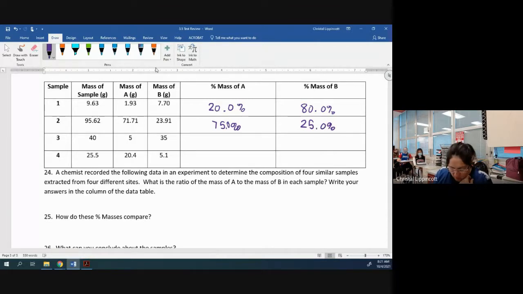This is 12.5%, so that means that this is 87.5%.